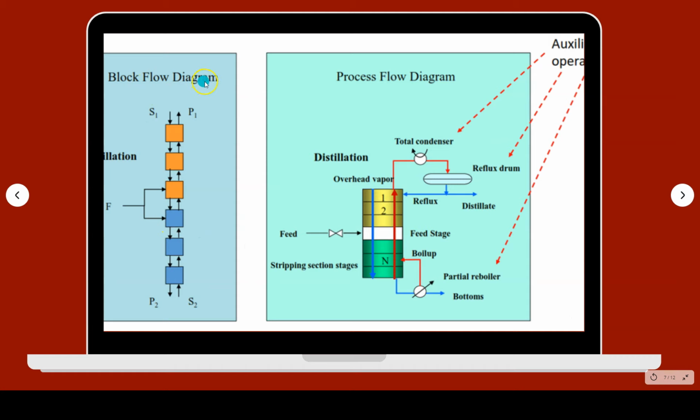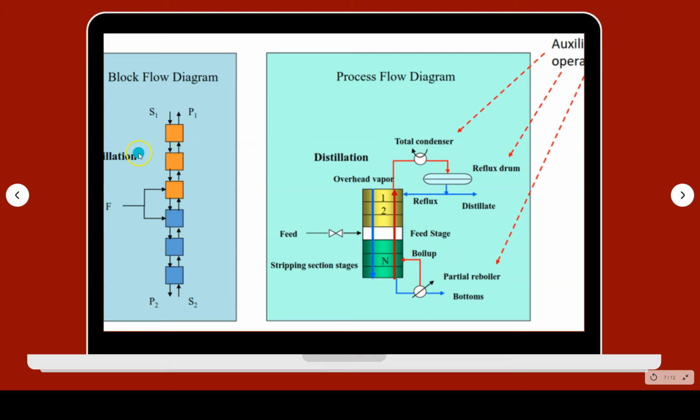This is the block flow diagram and PFD. As you can see in your block diagram, for distillation there are only rectangles and lines to represent your distillation column. However, for your PFD, you have your symbols and also the auxiliary unit operations.